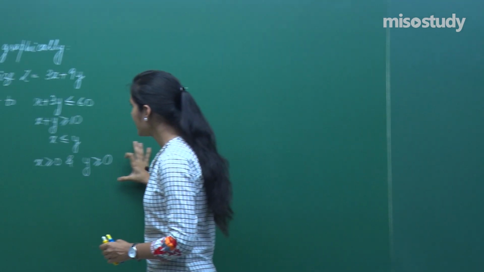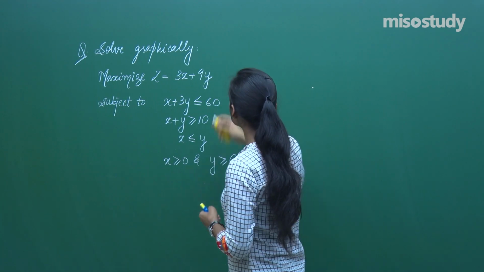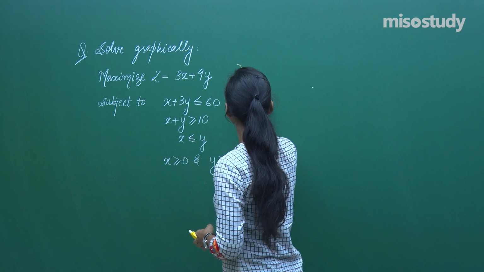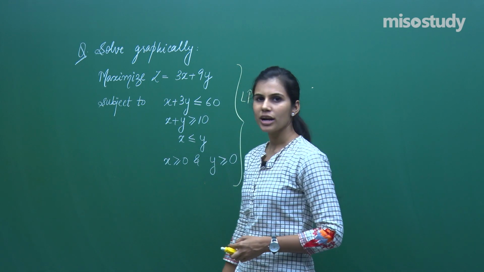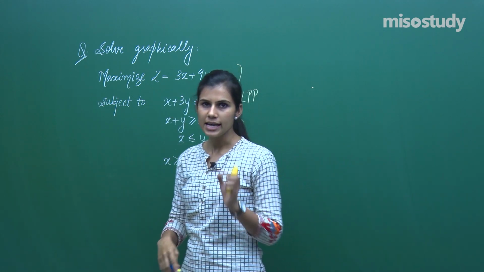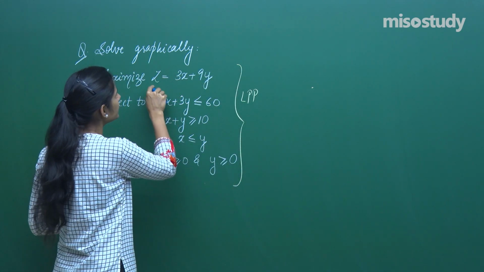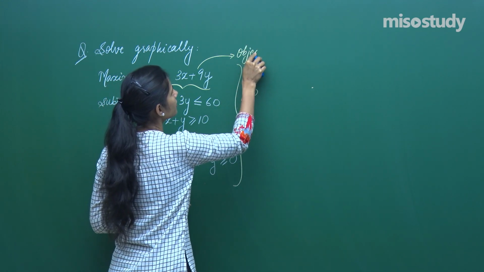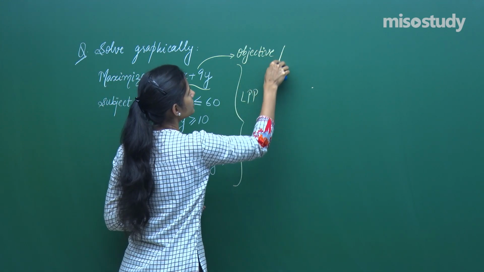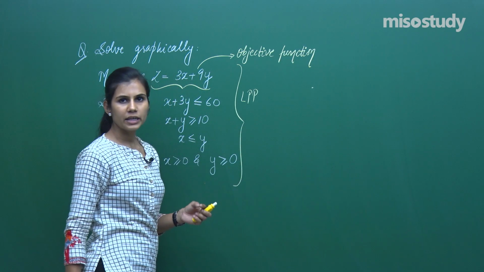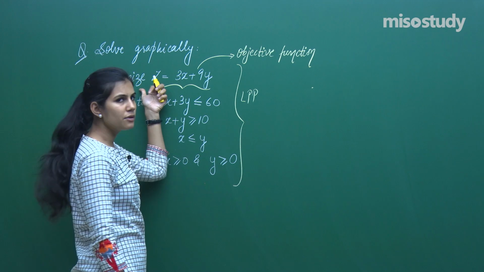Here we have this LPP. This is my linear programming problem. In this linear programming problem, I am being asked to maximize the objective function z. So, z is given to be a linear function in two variables. That's my objective function. I am being asked to find the maximum value of z.